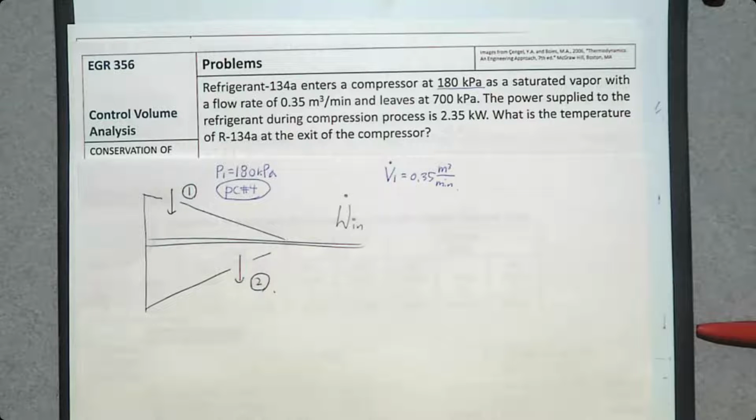Just for your information, why can't we just use volume flow rate instead of mass flow rate? What kind of conservation laws did we study? Energy conservation, mass conservation, and what about volume? Is there a conservation of volume principle?